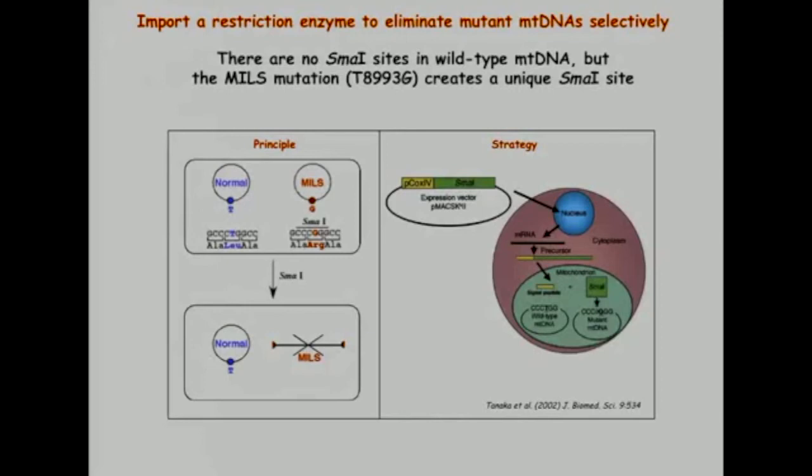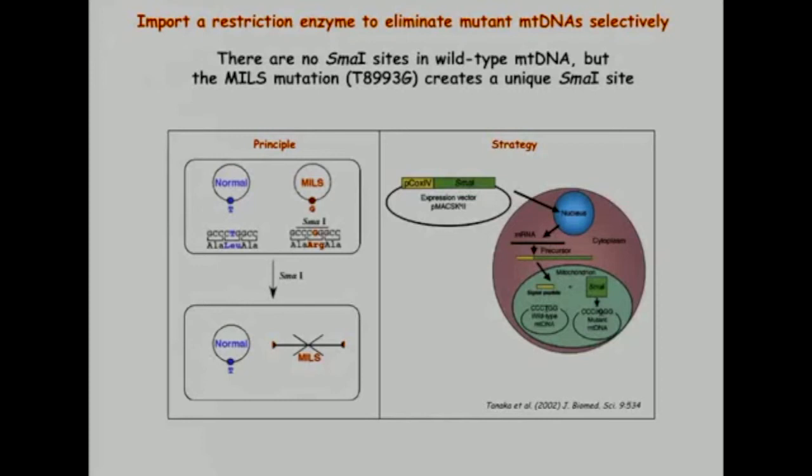In the case of NARP, this particular mutation, this 8993T>G mutation, it creates a unique restriction site for a restriction enzyme, SmaI. So if you could insert that SmaI enzyme and put a mitochondrial targeting signal so that it goes into the mitochondria, you could cut the mutated mitochondrial DNA, it'll be degraded, and it'll disappear, in theory.